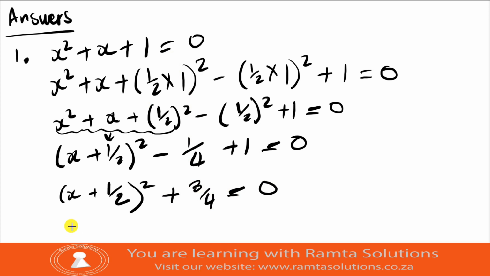So I will say here we have x plus half all square. It goes to the other side, so it will be negative 3 over 4.